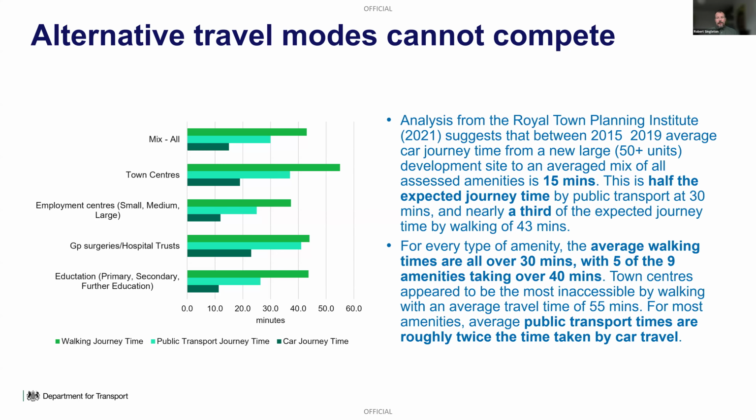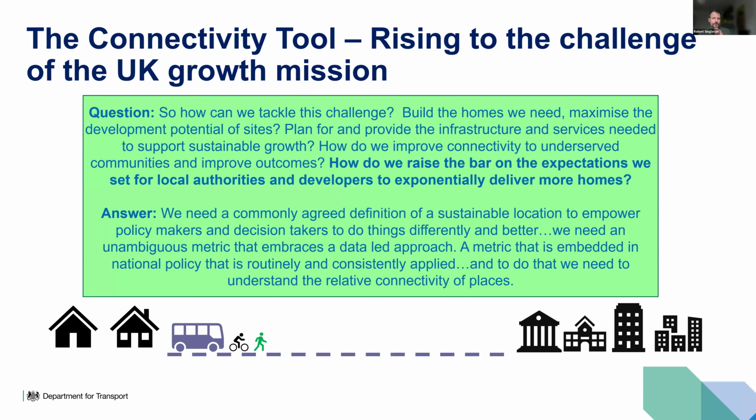So the Royal Town Planning Institute did a study between 2015 and 2019, looked at car journey time for new 50 plus units up and down the country. And effectively, it showed demonstrably to all of the key locations, alternative modes of transport could not compete with car journeys. So you were embedding from day one people's preference or default choice to travel by car for the majority of their journeys. Next slide, please.